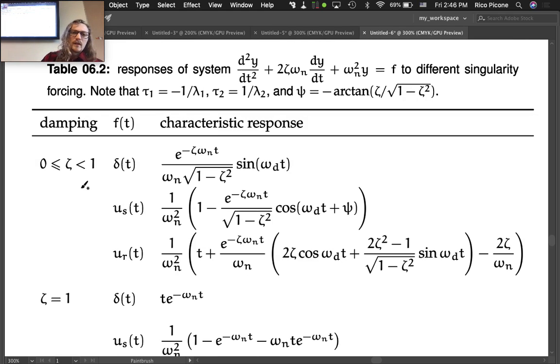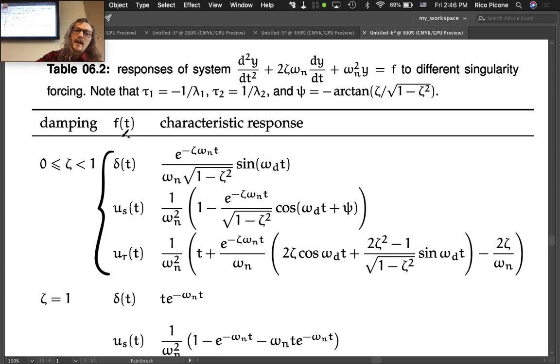So we've got sort of 3 sections. The first 3 rows are the underdamped case. I only did the solutions for stable systems in this table. So we have the 3 different singularity inputs: the impulse, step, and ramp for an underdamped case.